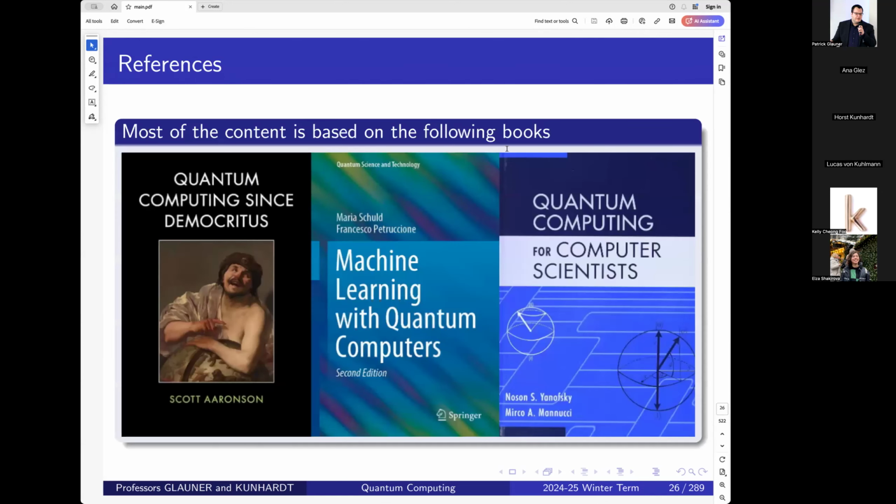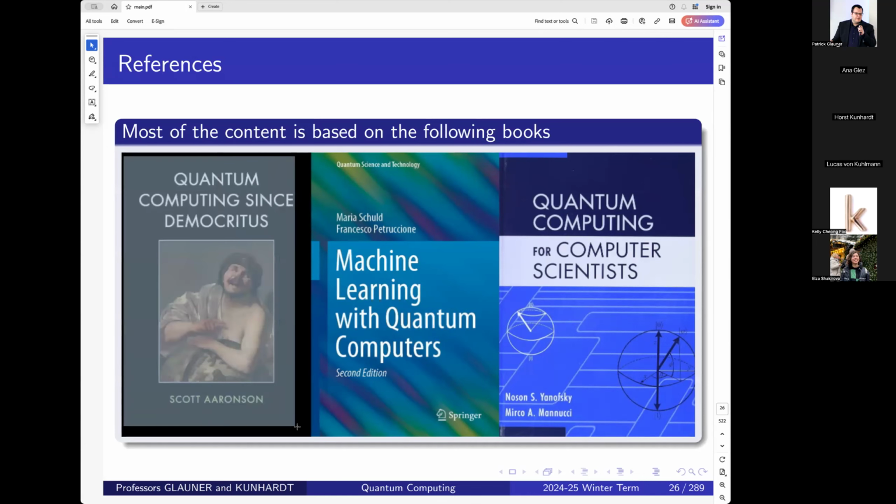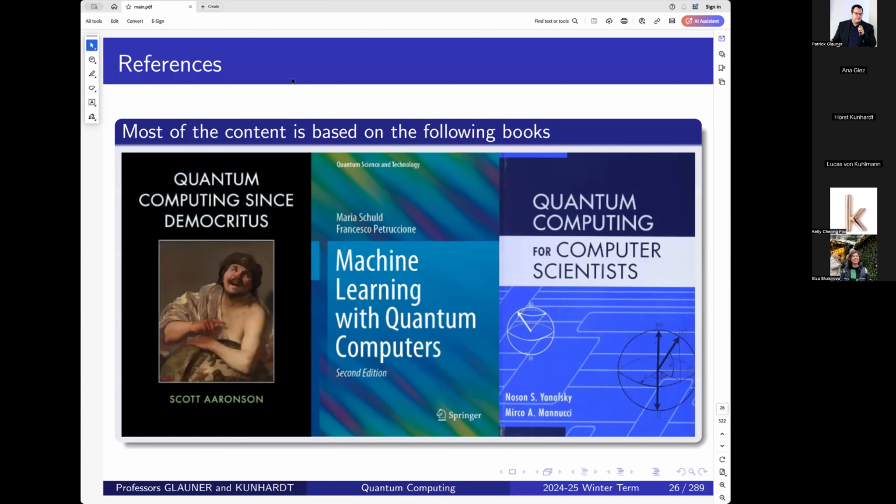And if you're interested in maybe the big picture about quantum computing and its links to quantum mechanics, computational complexity, computability, foundations of theoretical computer science, there's a super good book by Scott Aaronson, and it's called Quantum Computing Since Democritus.